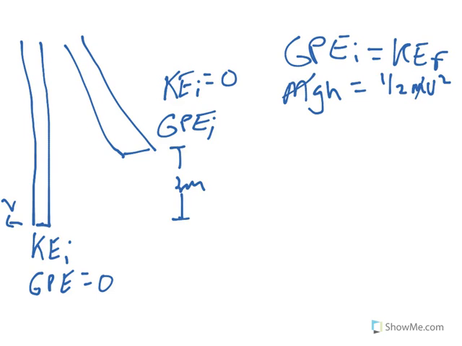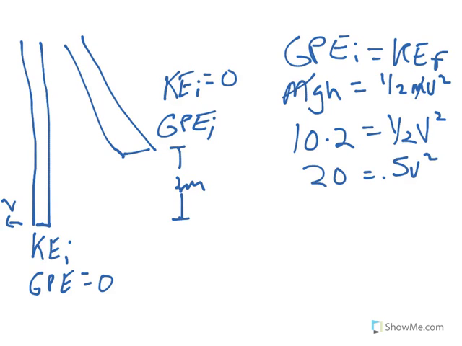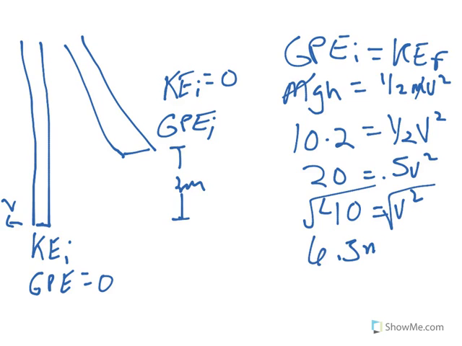So we're left with gh, so 10 times 2 equals 1/2 times v squared. And so now we have 20 equals 0.5 v squared. Then we have 40 equals v squared, square root, and we get the answer is 6.3 meters per second. And that's equal to the velocity.